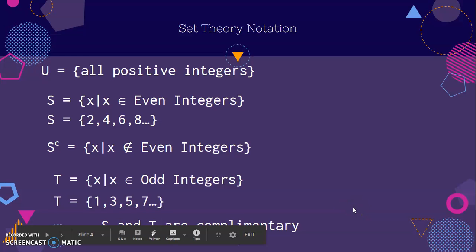Everything that's left over when I pull my set out of my universal set. So all numbers is what we were starting with. I want to take all my evens out, and what I'm left with is the complementary set, and that is my odd numbers, T. So that's complement. Things that are not ever going to be in the same place.